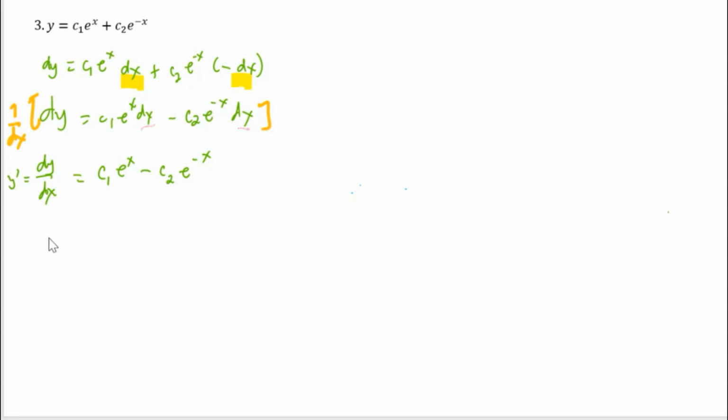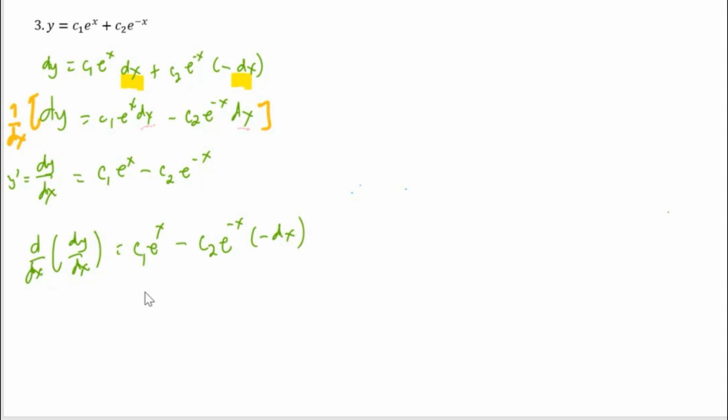Now, solving for the second derivative, we have now d over dx. I will use another notation. So d over dx of dy over dx will be equal to the derivative of this. We have c sub 1 of e raised to x minus the derivative of this, which is c sub 2 of e raised to negative x times the derivative of the exponent, which is negative dx.